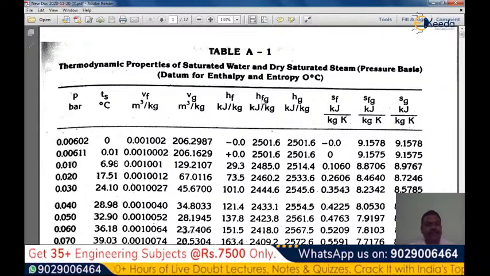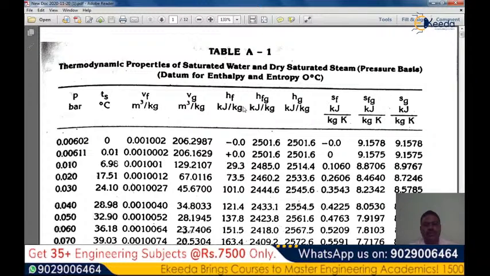HFG is the latent heat of vaporization, and Hg is the enthalpy of dry saturated steam. Here you can observe that HF plus HFG will be Hg.